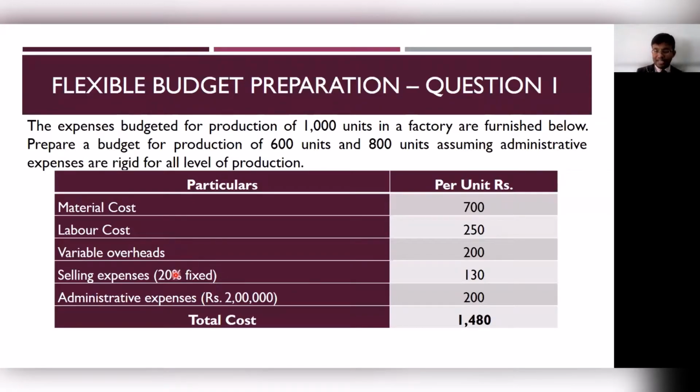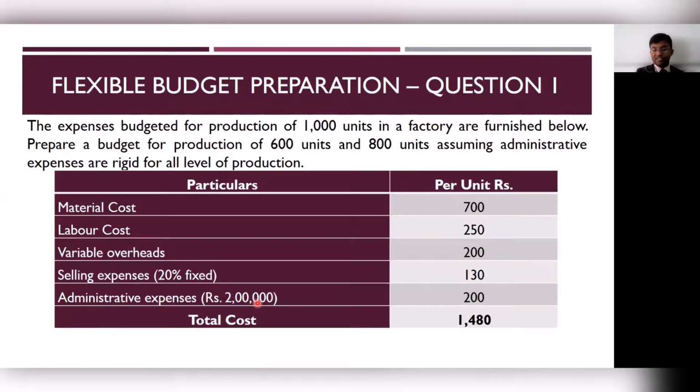What this means is 20% of your selling expenses is fixed, and the remaining 80% is variable. So selling expenses is an example of a semi-variable cost.